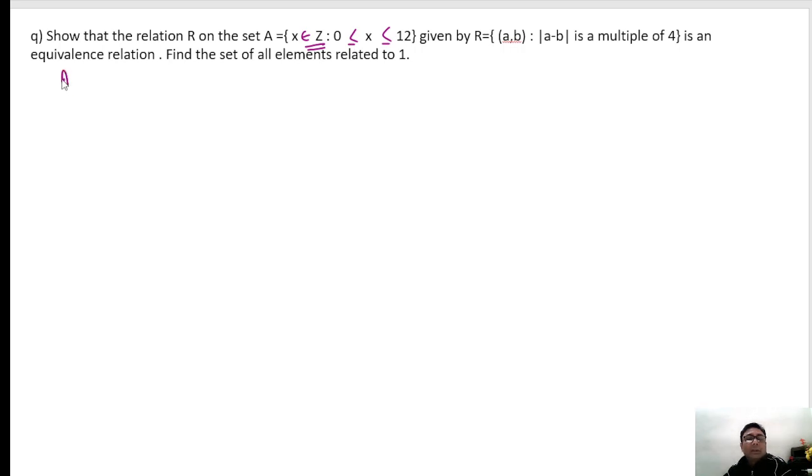That means set A will have 0, 1, 2, 3, 4, 5, 6, 7, 8, 9, 10, 11 and 12. This is set A. We have to choose numbers from the set A. Mod of a minus b is a multiple of 4, is an equivalence relation. So let's check.